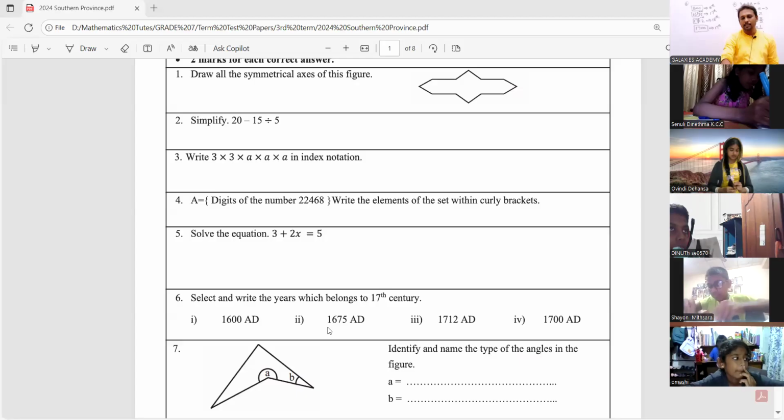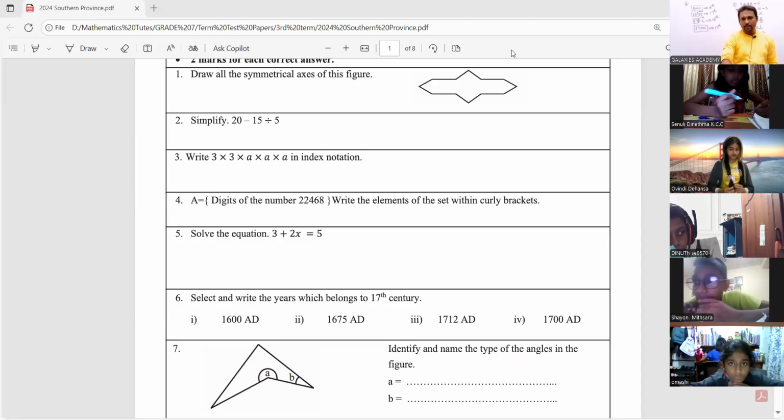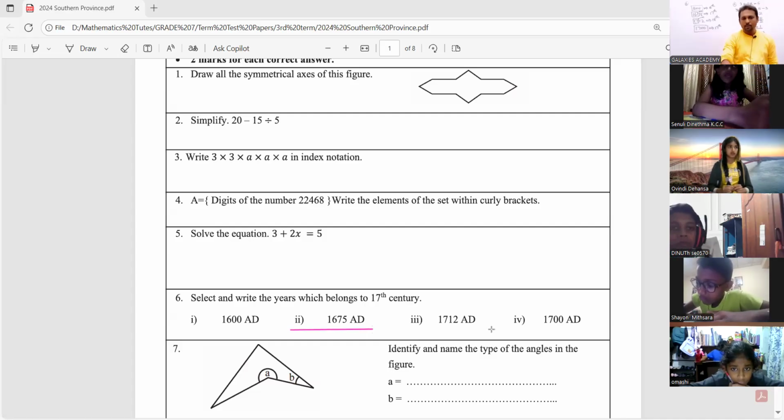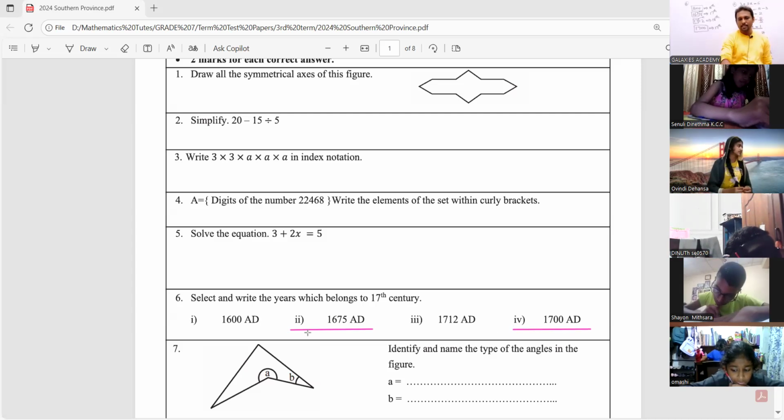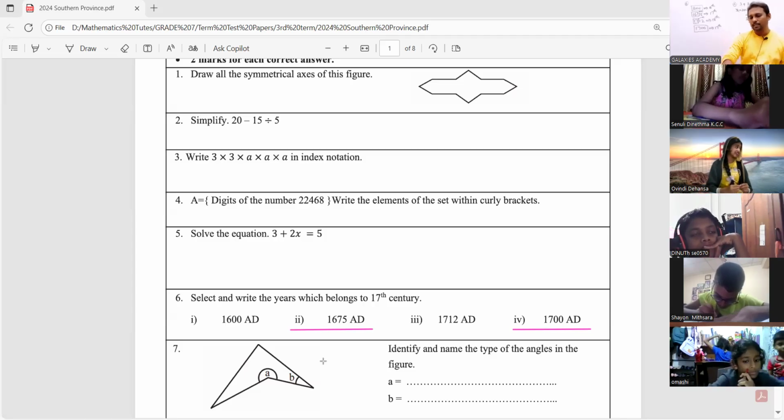The one year is 1675. So as one answer you have to underline this one. Then also you have to underline 1700. These 2 years belong to the 17th century. This one belongs to the 18th century, and this one belongs to the 16th century.